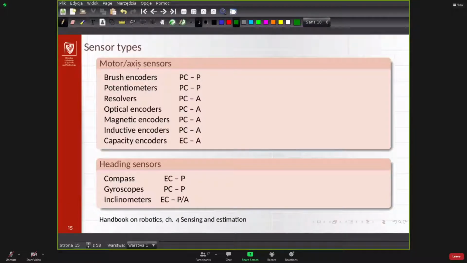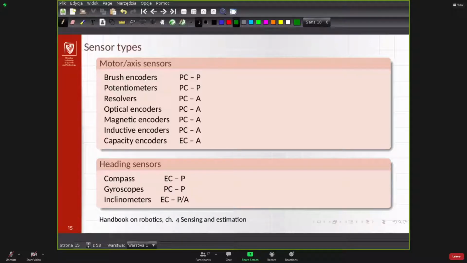Then, as you can see, there are quite a lot of motor axis sensors that we can get. Only motors are inside, so most of them are proprioceptive, measuring the internal state of the motors.